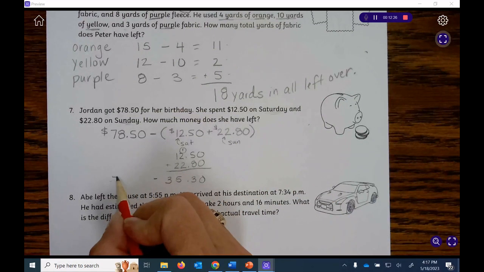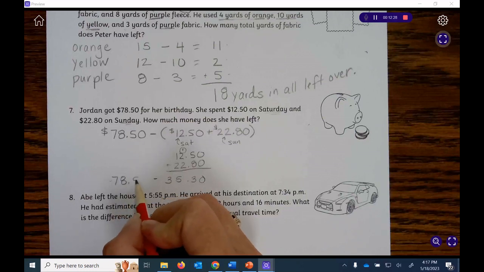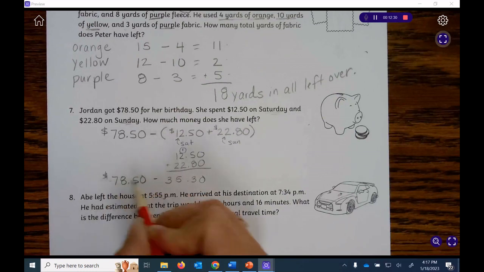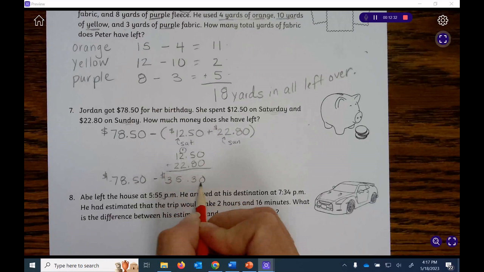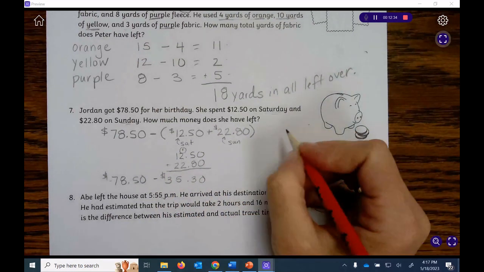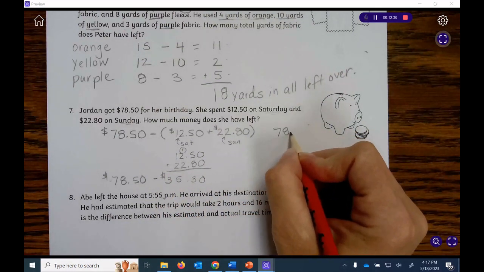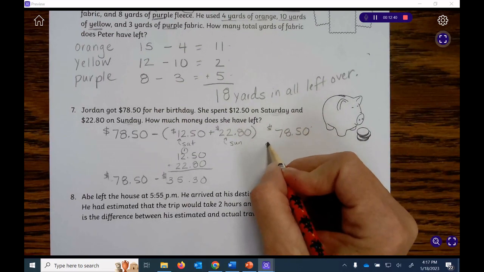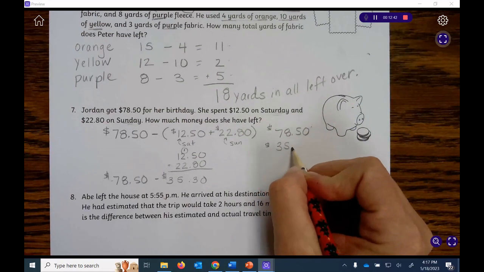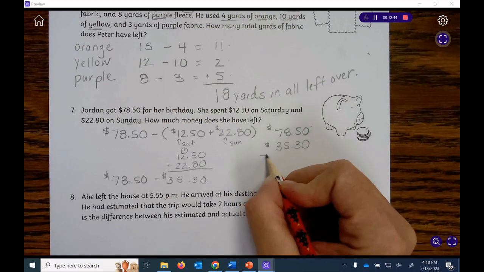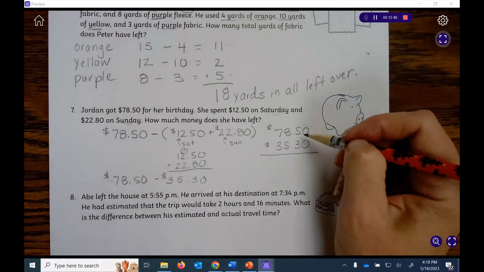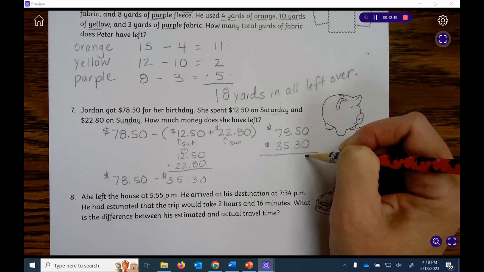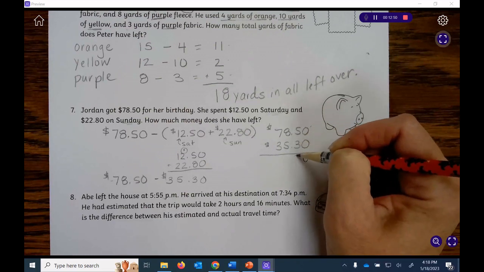And we have to do $78.50 take away $35.30. So being very nice to us here because we do not have to borrow. 0 take away 0 is 0. 5 take away 3 is 2.